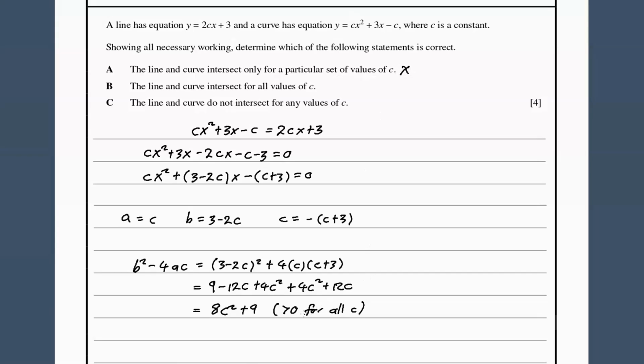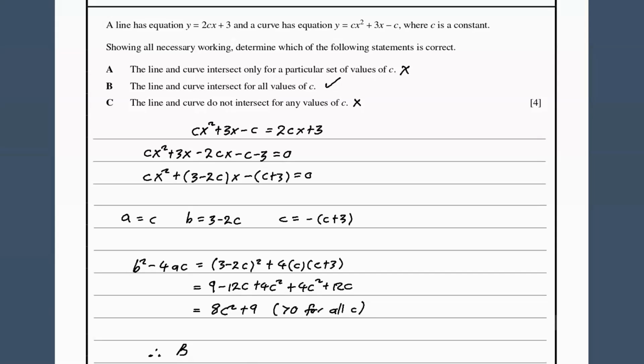We say that for all values of c, the line and the curve will intersect. B says the line and the curve intersect for all values of c, which is correct. Then C says the line and the curve do not intersect, which is wrong. They do intersect because b squared minus 4ac is greater than 0, so they should intersect. So the correct answer is B. Alright, the line and the curve will intersect for all possible values of c.